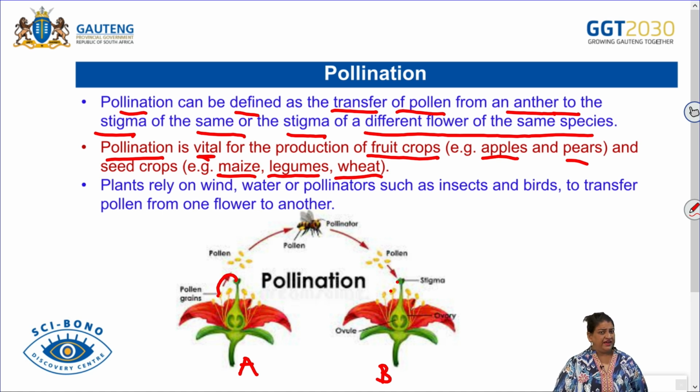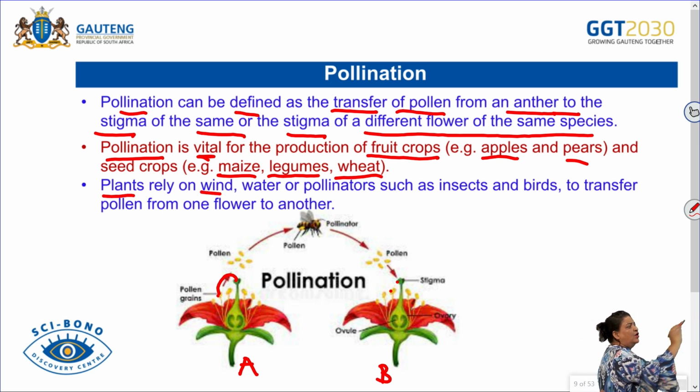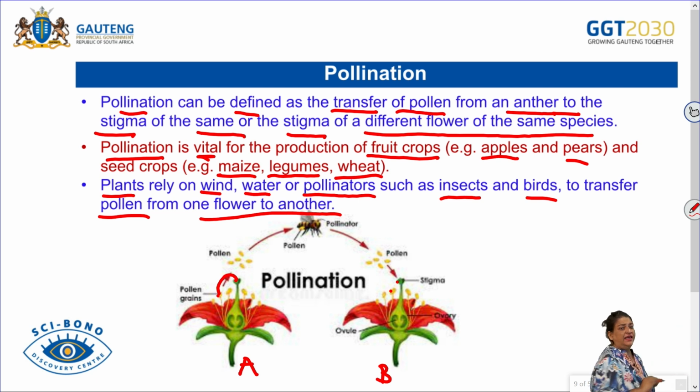So if you see a veld fire, remember, put it out immediately. Do not use water. Use something else to put it out before we have to use our valuable water as a resource to put out veld fires. Right. Now let's look at plants. Plants rely on what? Wind, water, or pollinators such as insects and birds to transfer pollen from one flower to another.